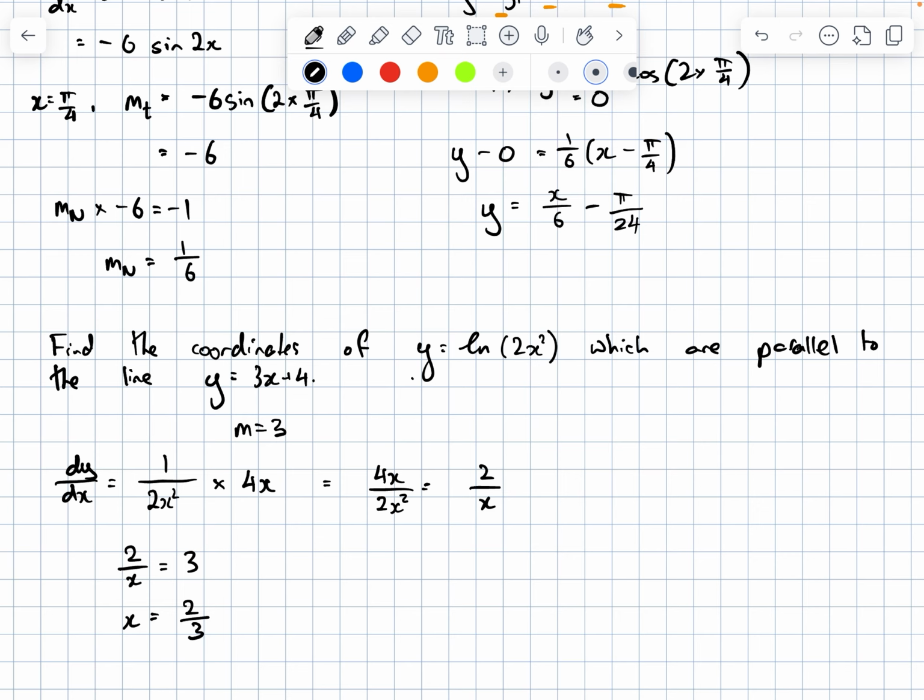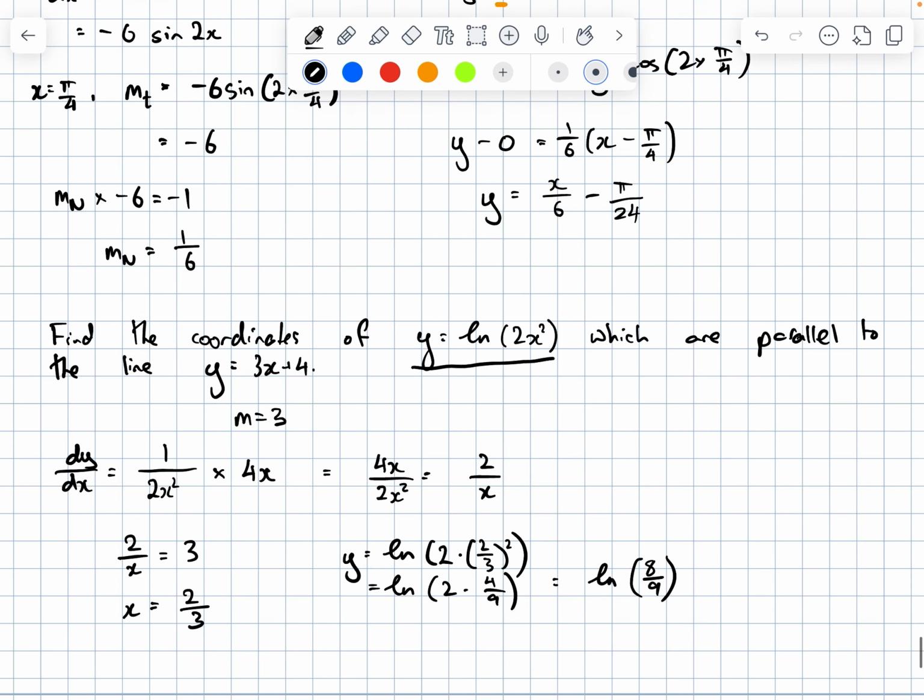Now the question did ask for the coordinates, which means we need the y value as well. So we will substitute our x value of 2/3 back into the original equation, y equals ln 2x squared. So y equals ln 2 times 2/3 squared, or ln of 2 times 4/9, which is ln 8/9.